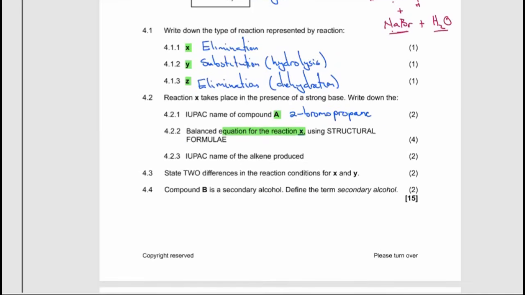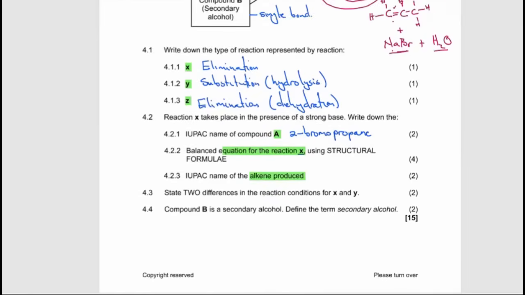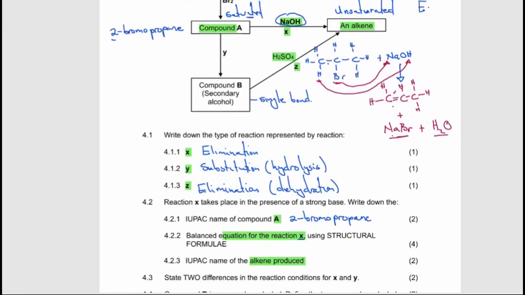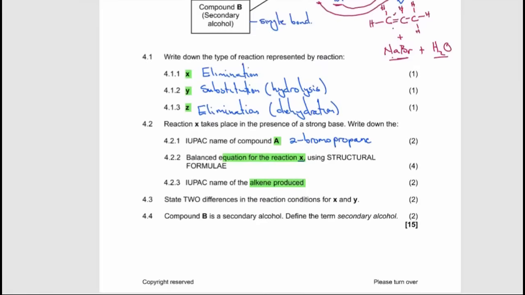Then 4.2.3, they said write down the IUPAC name of the alkene that is being produced, right? So this alkene that is going to be produced. So it's 1, 2, 3. So it's a 3-carbon chain. Therefore, the answer you got correct is going to be prop-1-ene, propene.